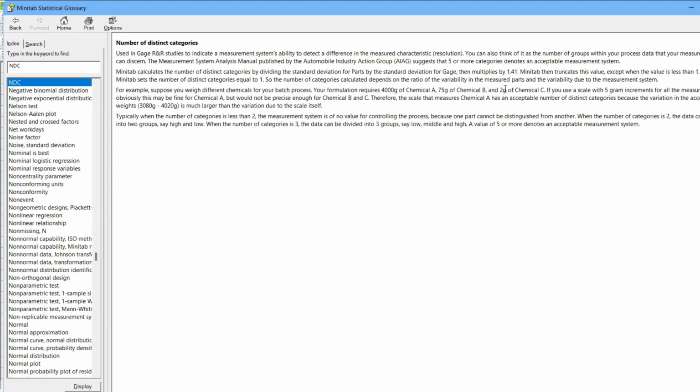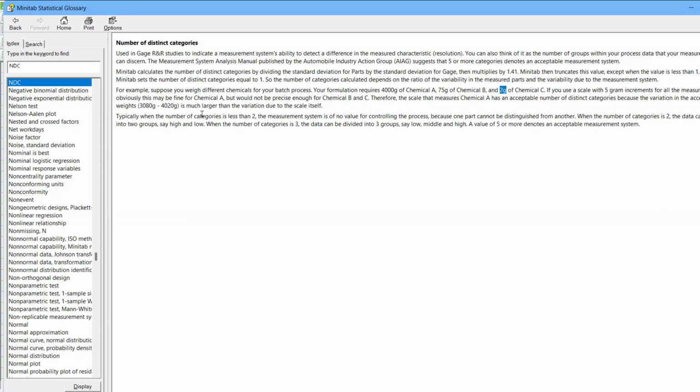Even in this case, 5 gram for chemical C is an even bigger deal, right? It would not be precise enough for chemical B and chemical C. Therefore, the scale that measures chemical A has an acceptable number of distinct categories, right? Because the variation in the accepted weight will vary, right?